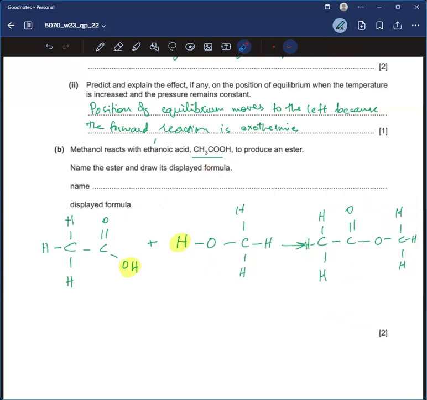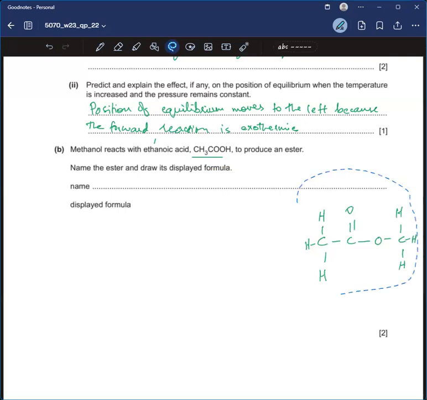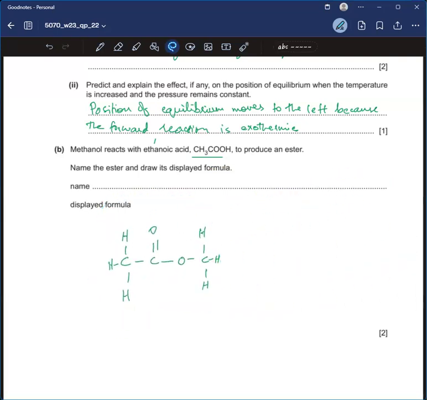And this is the ester linkage. All right, I'll remove these two reactants as we only need the product. So I'll place it here.